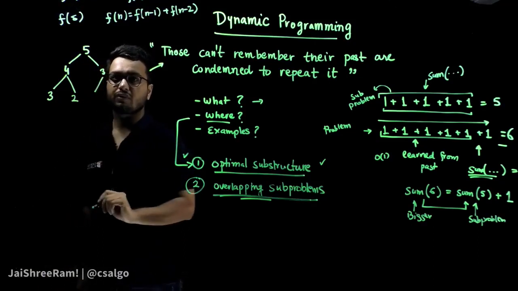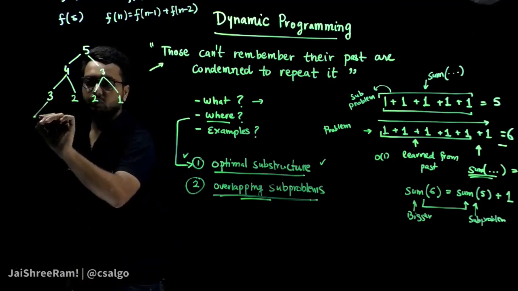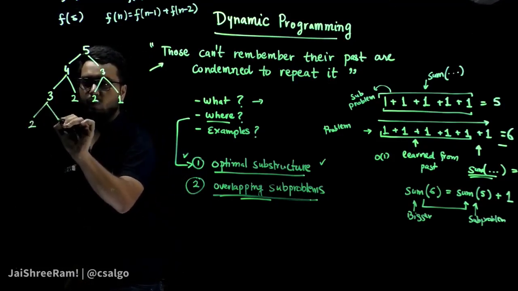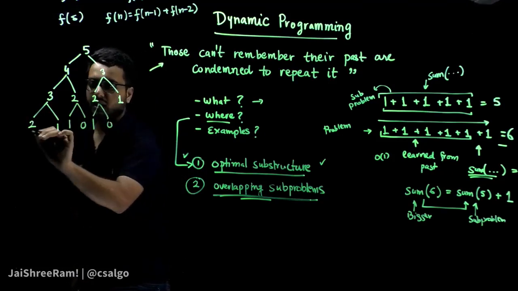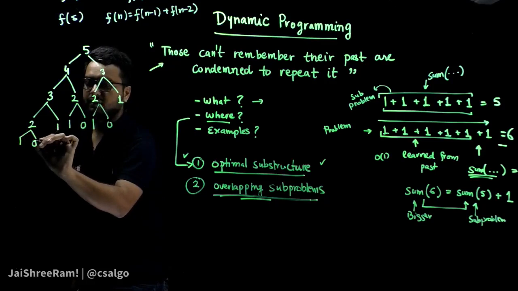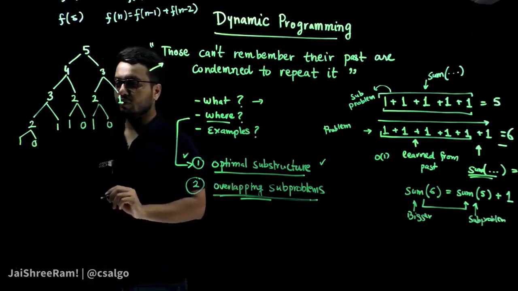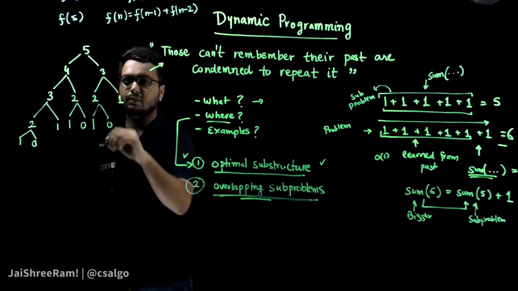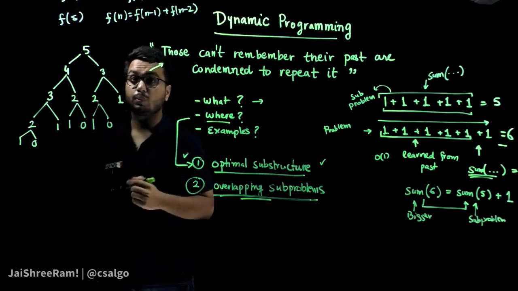To compute fib of 3, I need fib of 2 and fib of 1. And to get this, I again need 2 and 1, I need 1 and 0, I need 1 and 0, and I again need 1 and 0. So if you carefully look at this diagram, you will find that there are many states in this which are getting computed multiple times.